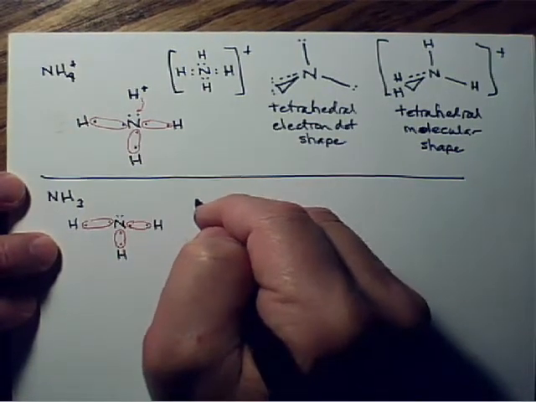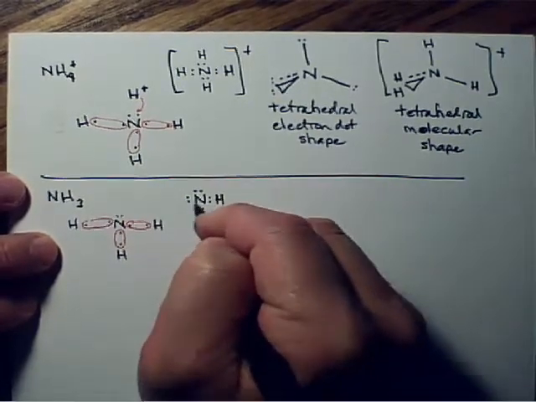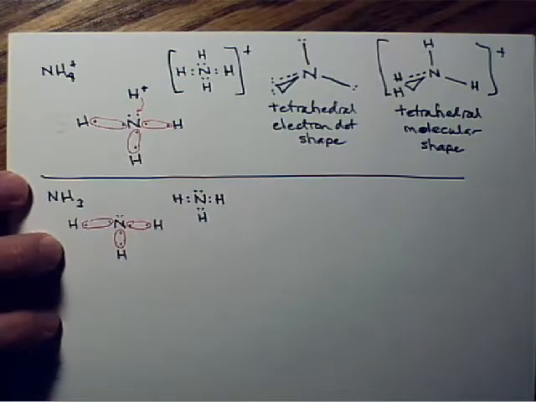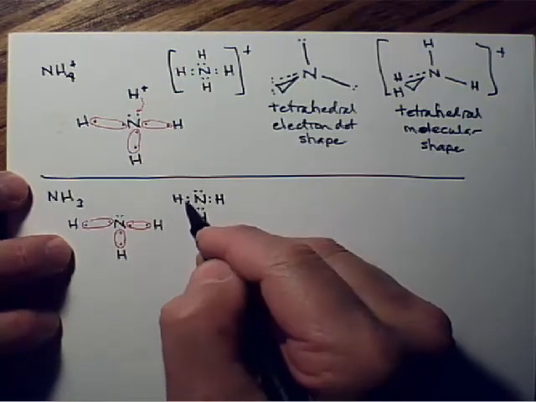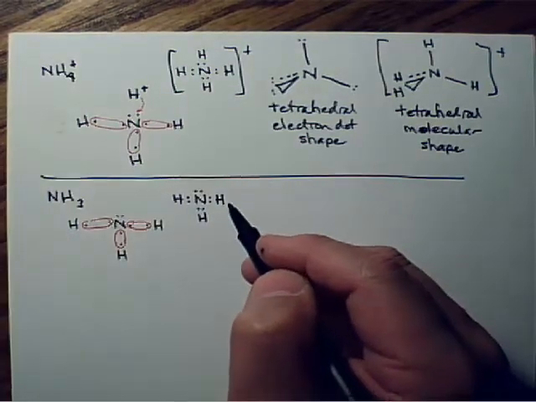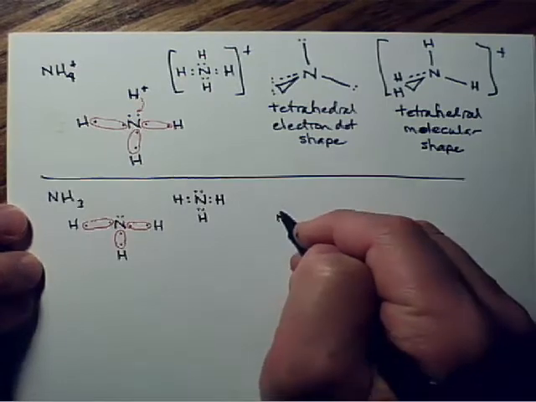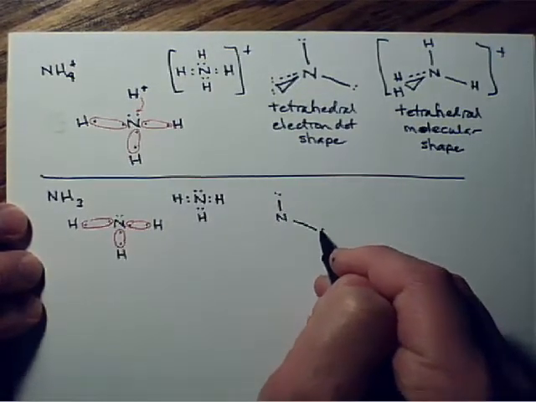So the Lewis dot formula is this, where you squeeze the electrons between the atoms, and then we still have 4 sets of electrons around the atom we're most interested in, and that's going to start out being a tetrahedral, just as we had previously.